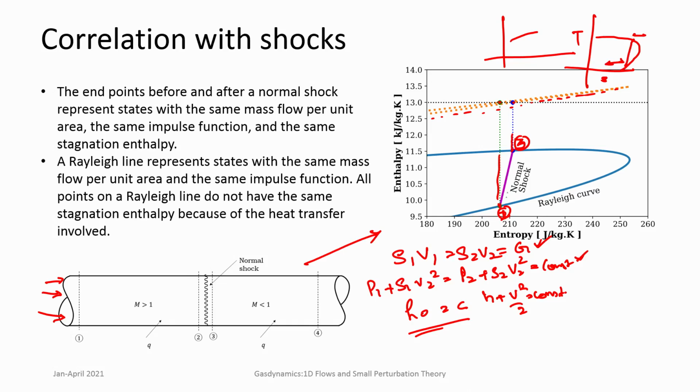But what about in the case of a Rayleigh curve? Will it change the maximum heat that can be added, which corresponds to this particular point? If you take any point from a supersonic solution, say point 1, it corresponds to point 4, and this is the maximum heat that can be added. If a shock appears anywhere in between, will it change the maximum heat that can be added?